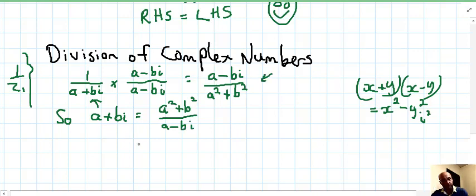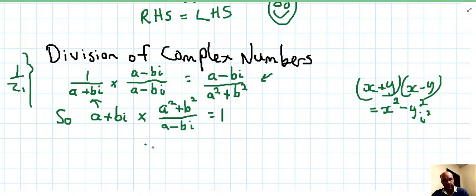So basically a plus bi, if we change that now, times this, that will equal 1.